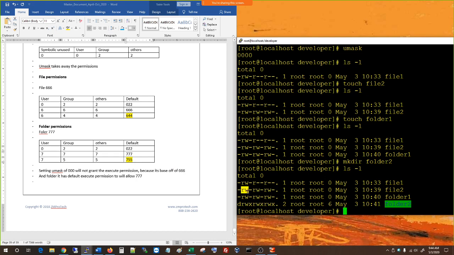So for files there would never be default execute permission, because the maximum default permission you could ever give is 666. But if the UMask is set to 022, which is the default, it would be 644. Okay, so let's play around a little bit.